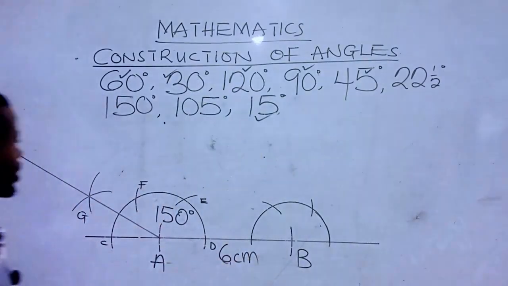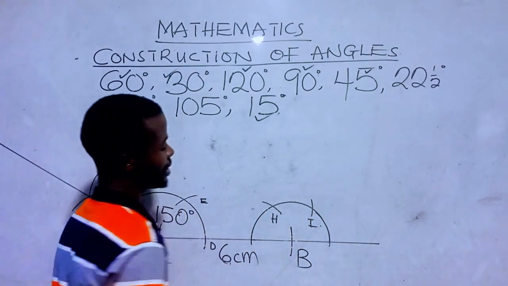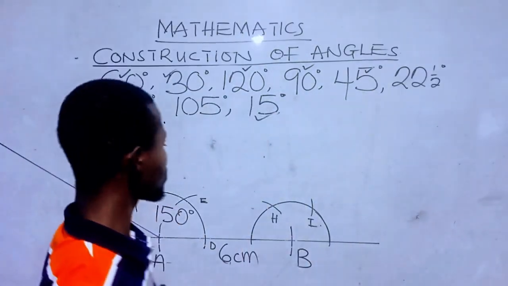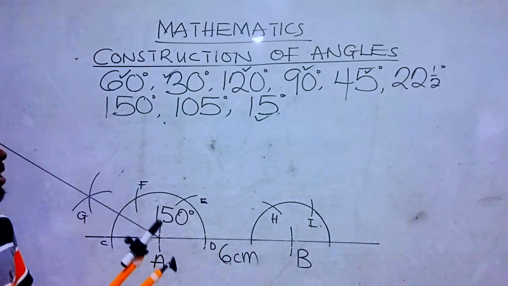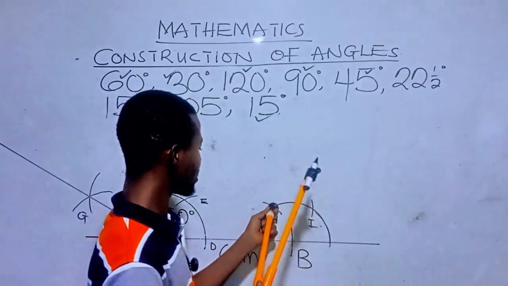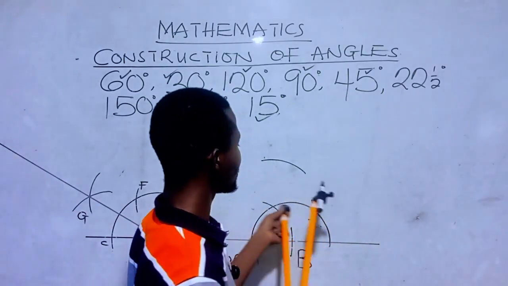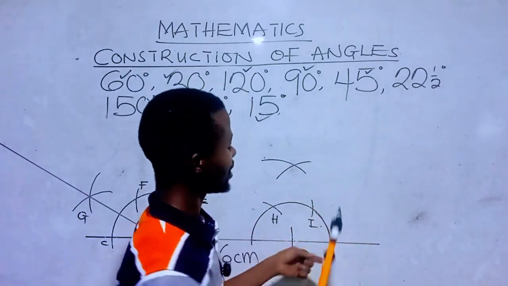Let me call here H, and here I. Now to construct the 105 degrees, I'll need 90 degrees. I'll open to a reasonable radius. I'll stand at H, make an arc, stand at I, and strike an arc like this.